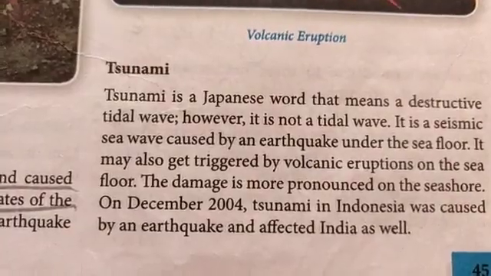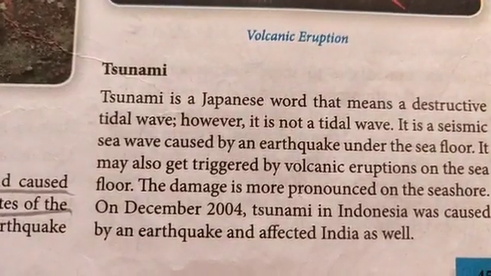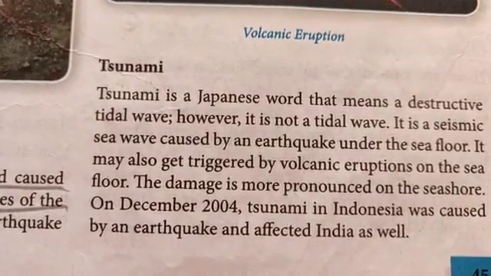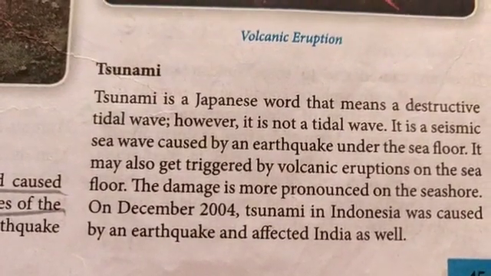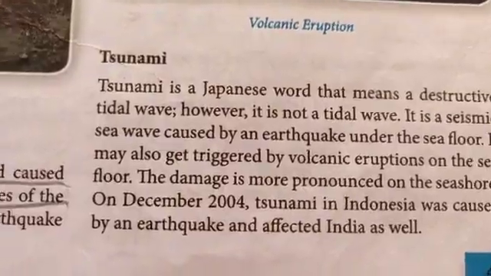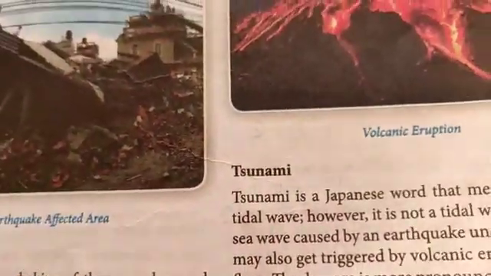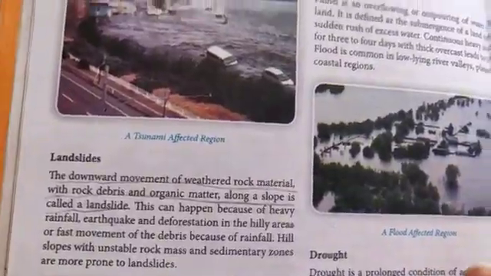The damage is more pronounced on the seashore. In December 2004, the tsunami in Indonesia was caused by an earthquake and affected India as well. It very badly affected India. And recently, there was a huge tsunami in Japan itself where a nuclear reactor was threatened.